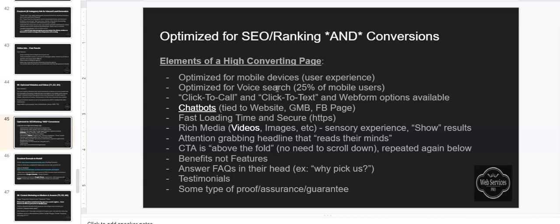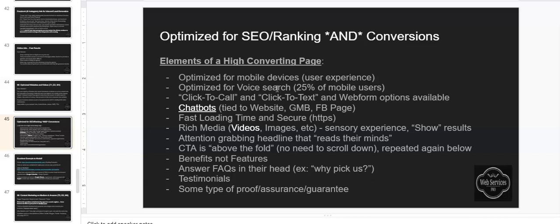Basically these are like "how do I" sentences. How do I, or where can I find this or that? How do I do this and that? Take the phrase people verbally search on the phone and match it exactly in your website content. That will make your website rank higher when people do voice searches. So that's something to keep in mind.